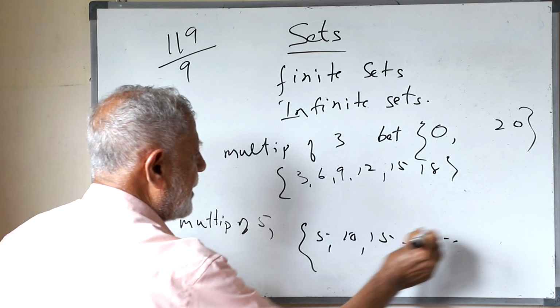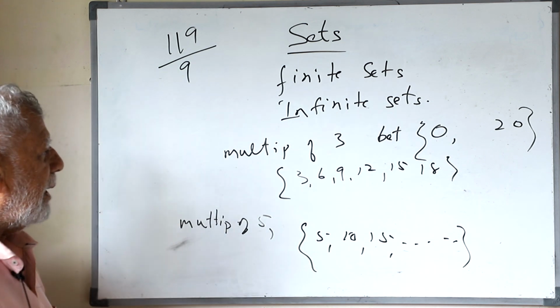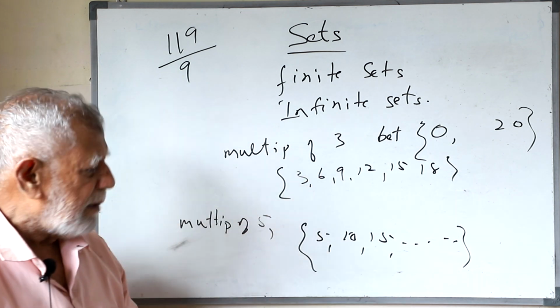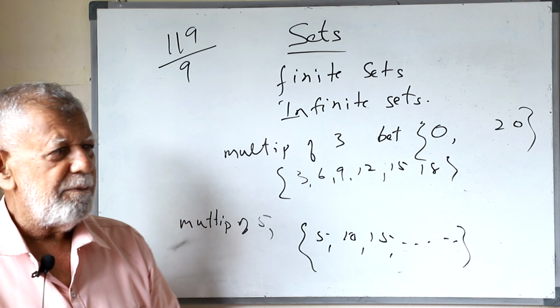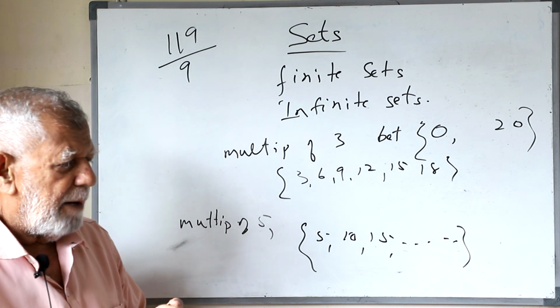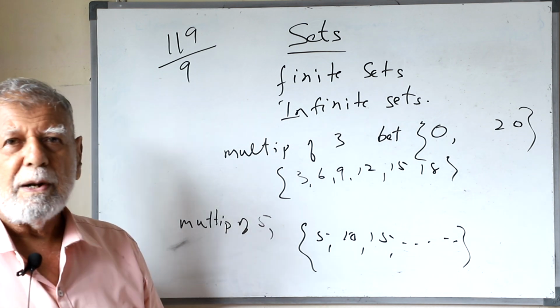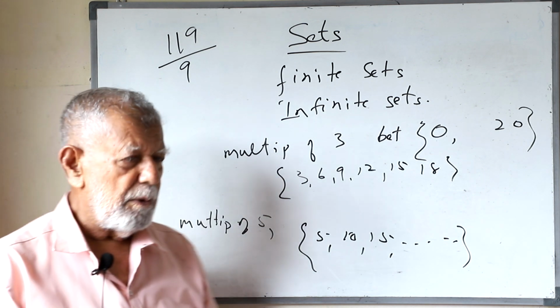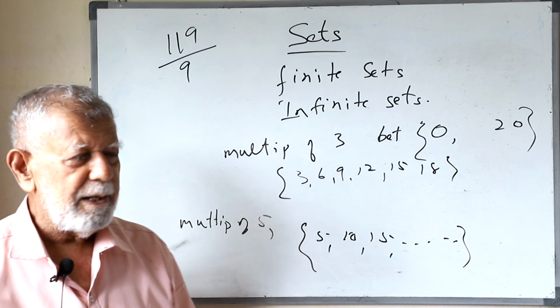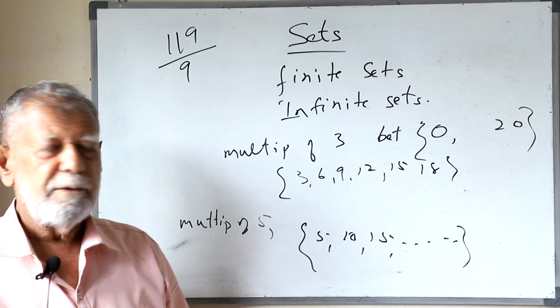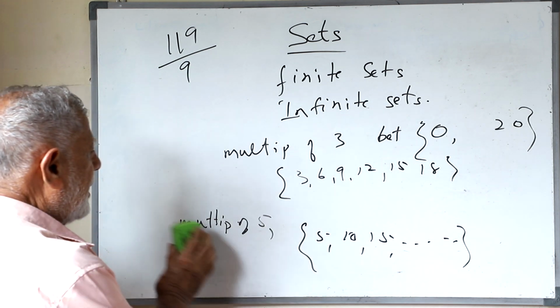So this is infinite. Another example, polygons: it goes on and on, so we don't know how many. So it is infinite. So these are the finite and infinite sets.